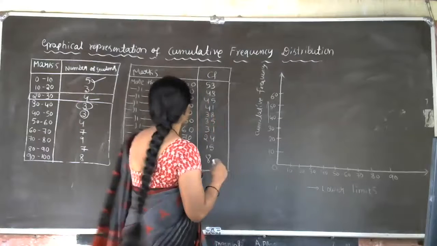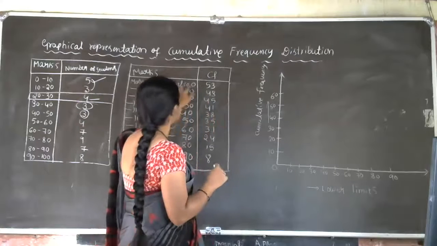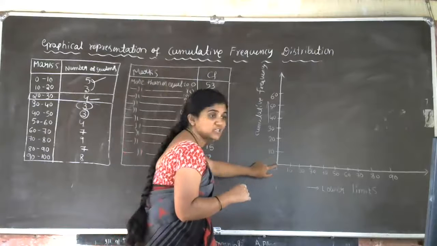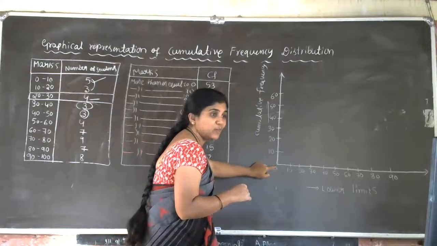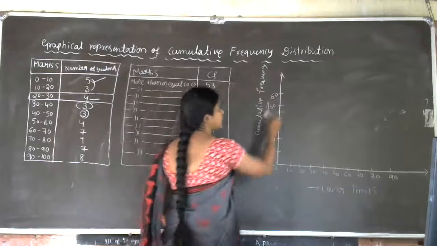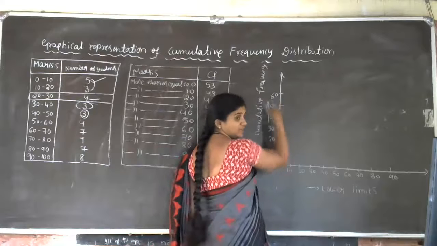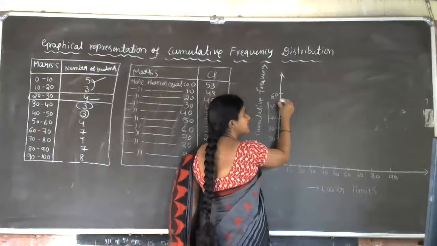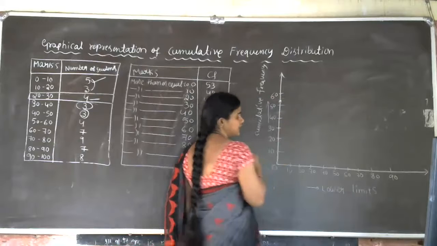Now see this one. More than or equal to 0, 53. So here we have to start at 0. Here we are discussing more than or equal to 0. So at 0, 53. Where is that? On the vertical axis only. 50 here, 51, 52, 53. This is the point, 53. Got the idea?